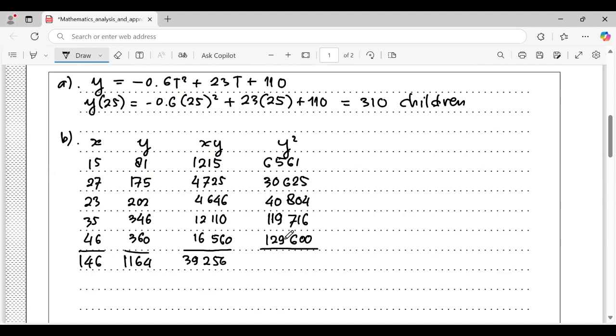And sigma y squared is 327,306. Okay. Now we're going to find A.